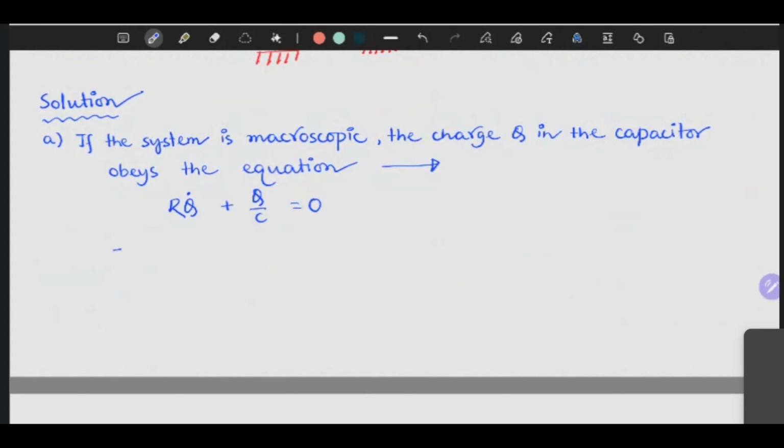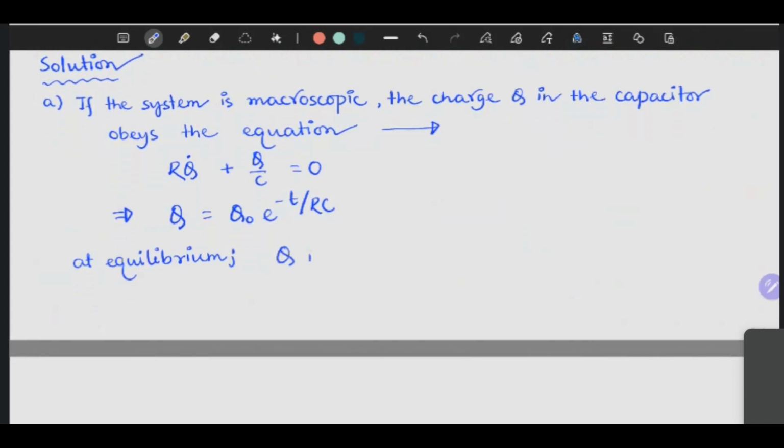So that makes Q equal to some constant, Q naught, e to the power minus t by RC. At equilibrium, t tends to infinity, Q is 0.